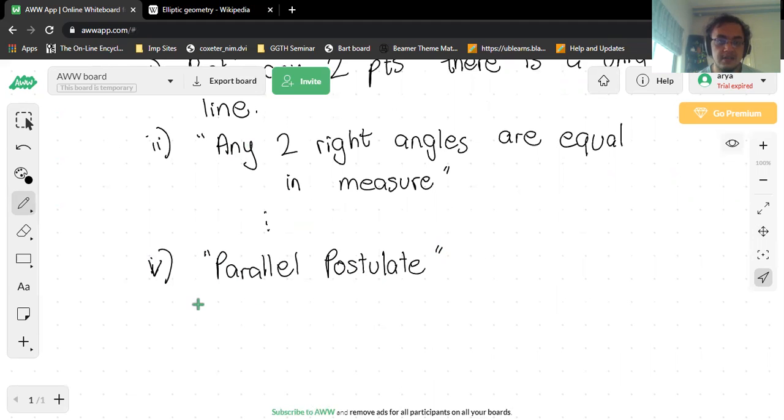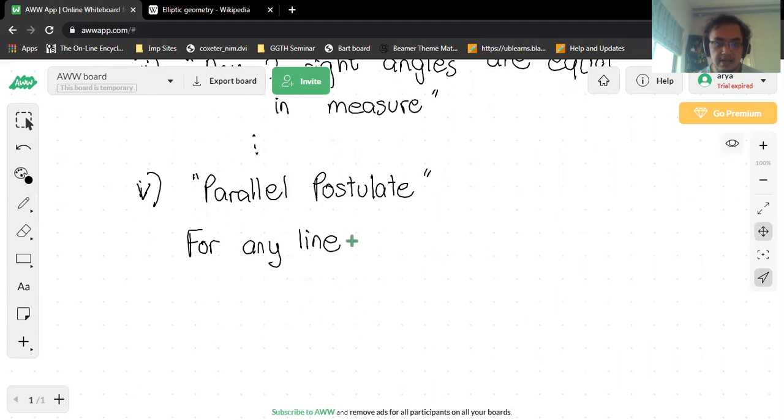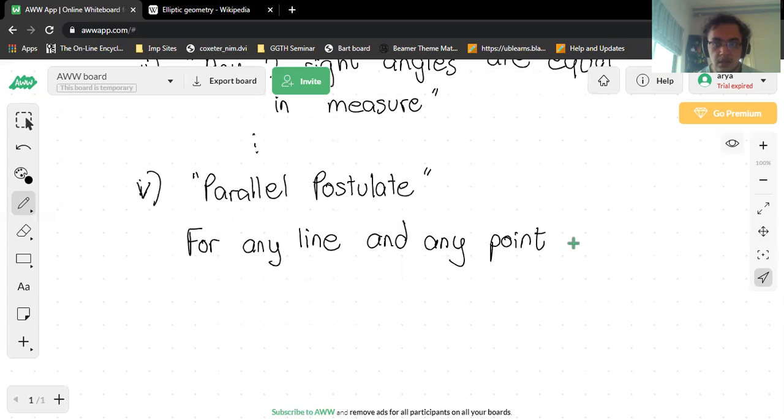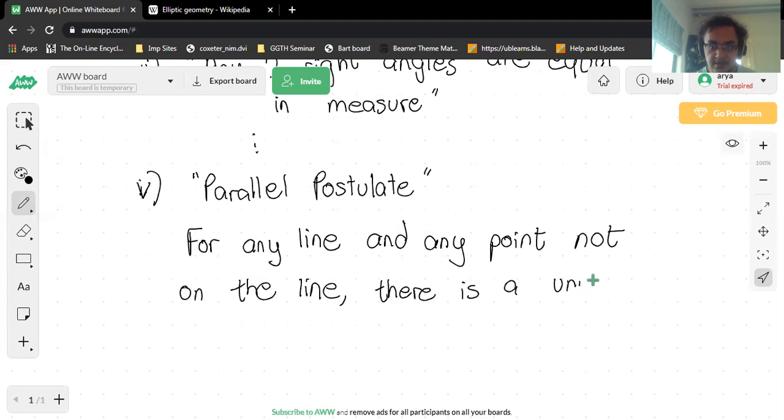This states that for any line and any point not on the line, there is a unique line through the point parallel to the given line.